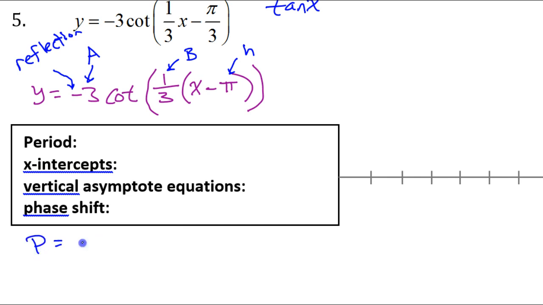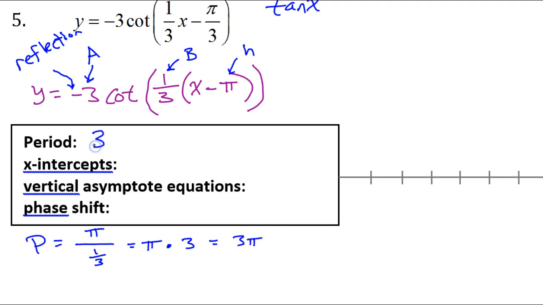So let's talk about the period for a quick second. The period is always the normal period divided by the b value. For cotangent and tangent, the normal period is pi. So we're going to do pi divided by this b value of 1/3. When you divide by a fraction, you multiply by the reciprocal, so this will be times 3, which is just 3 pi.